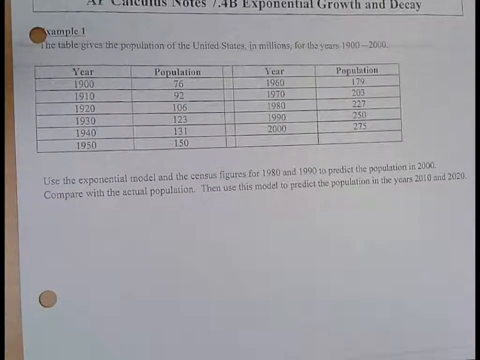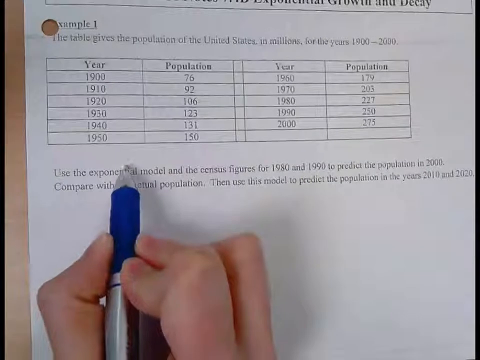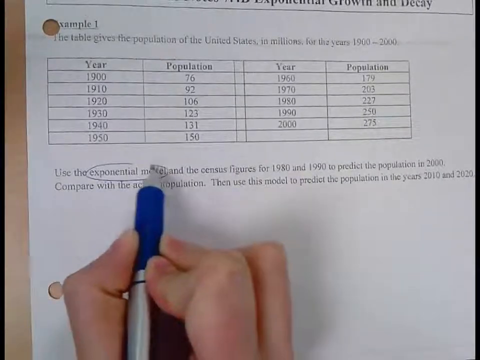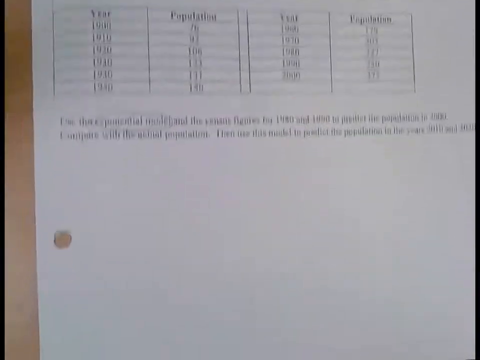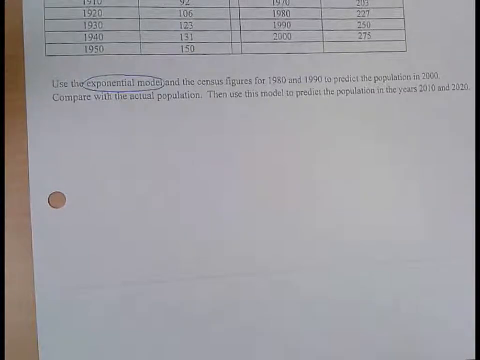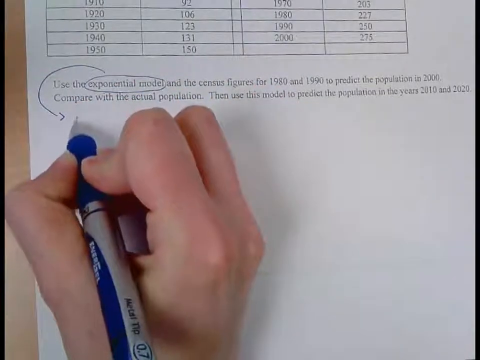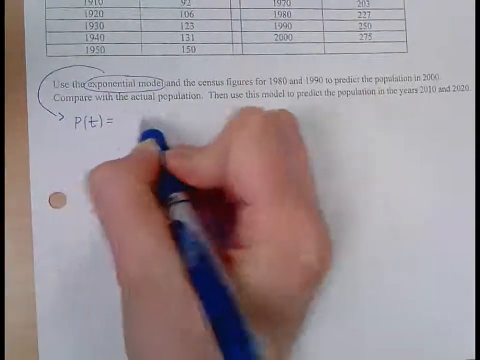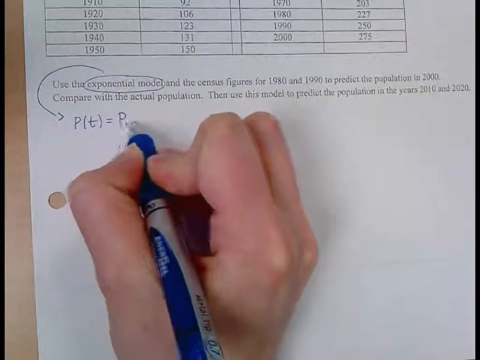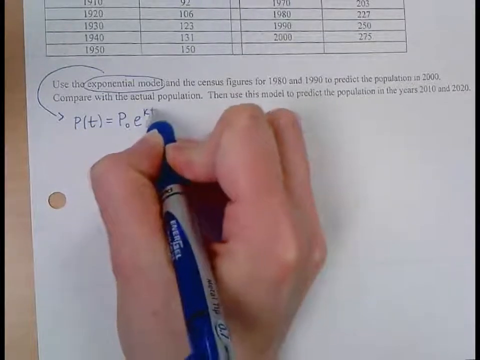So we are going to use the exponential model, and just to remind you of what this means, the exponential model is P of t equals P sub 0 times e to the kt.